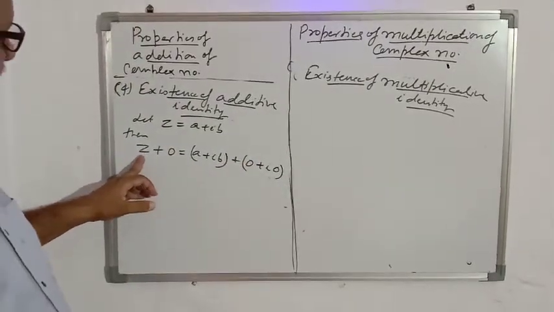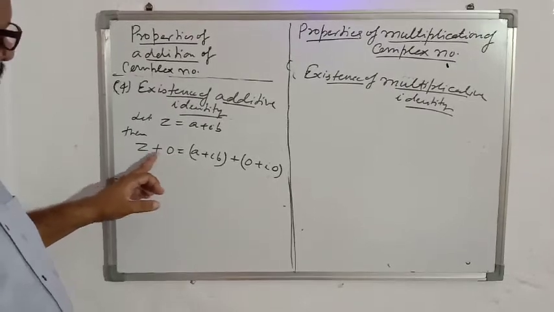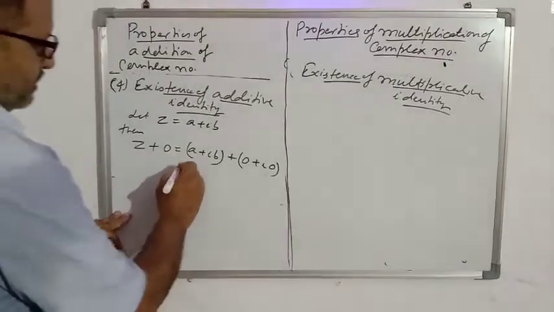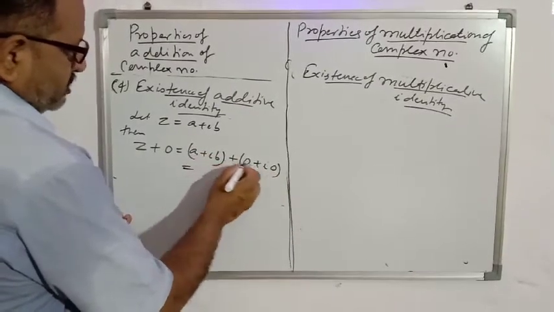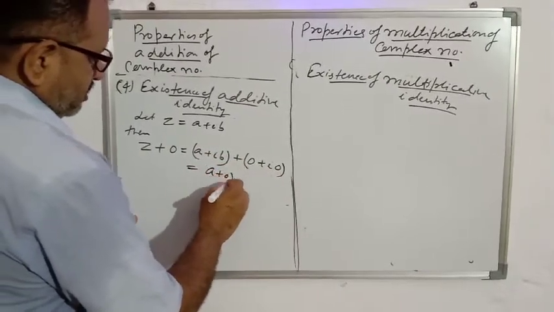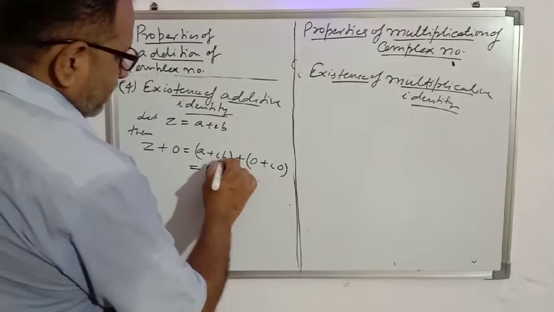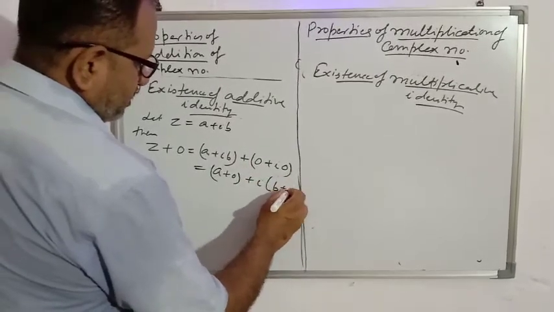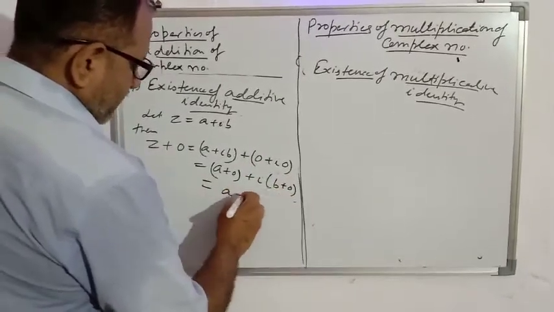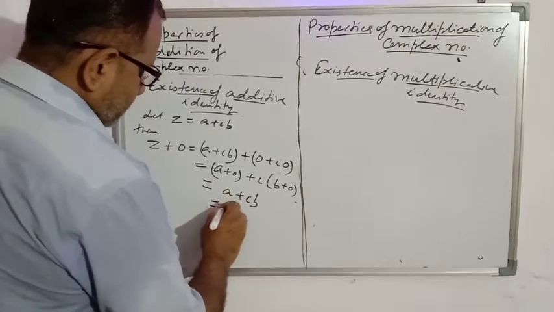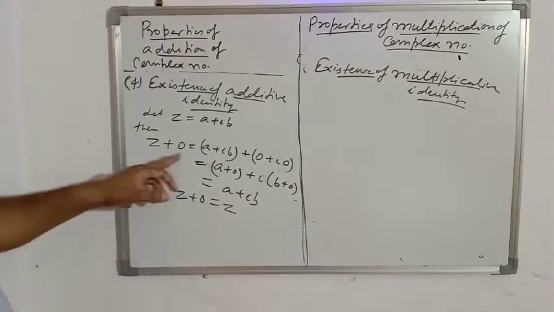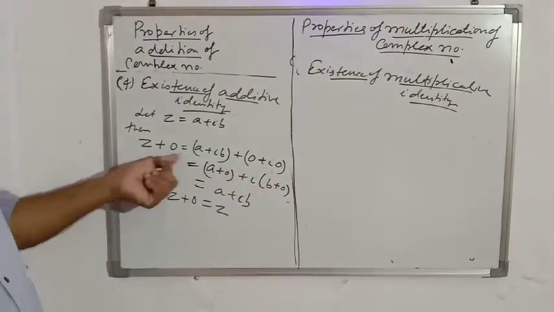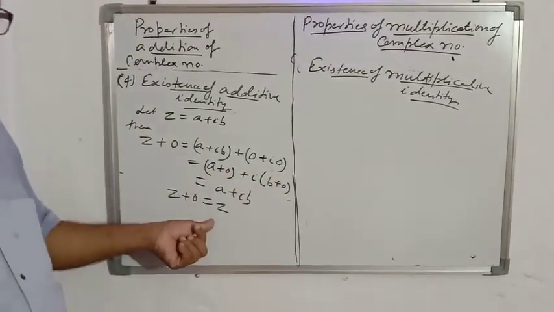So if we add 0 to Z, what we will get? A plus IB, 0 plus I0. So A plus 0 plus I and B plus 0. So we will again get A plus IB means Z. So when we add 0 plus I0 to any complex number, we get the same complex number.